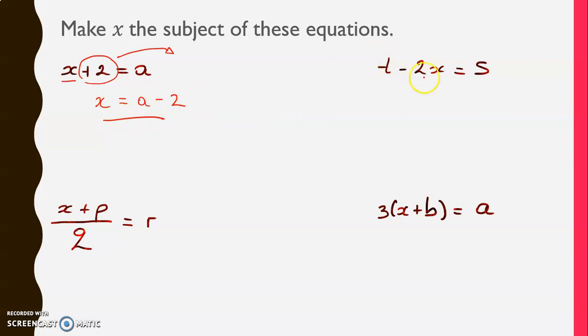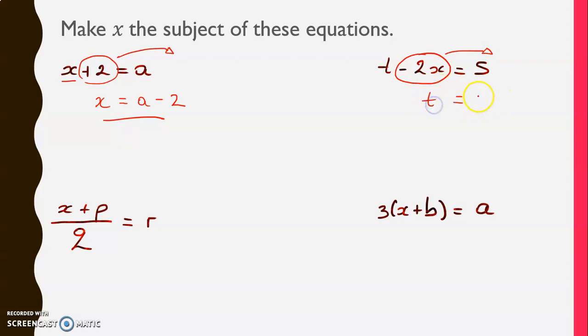In the next example, t minus 2x equals s. We can see that 2x is subtracted from t. Now this minus there, it's not very easy to work with for some people. So I would advise you to just move the whole thing to the other side and have everything positive.